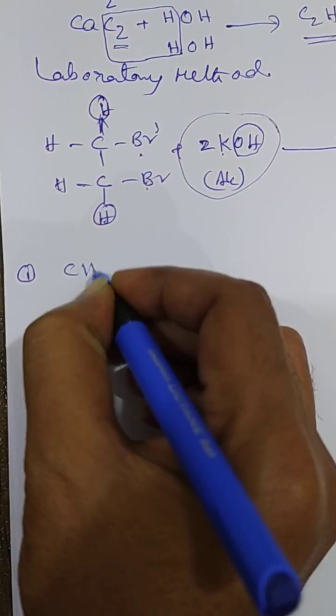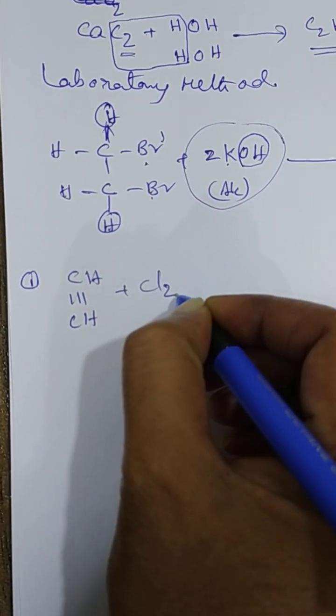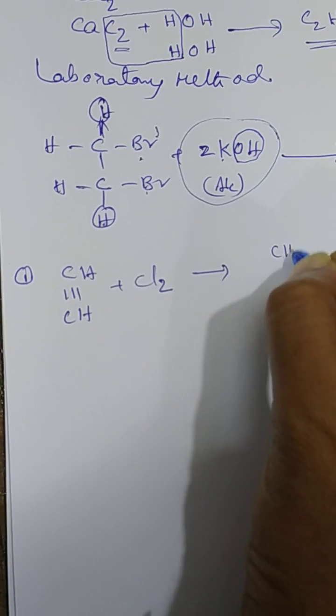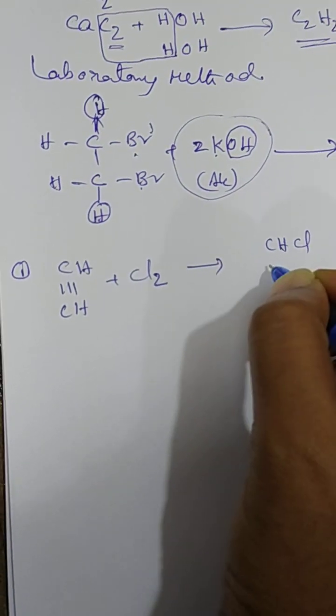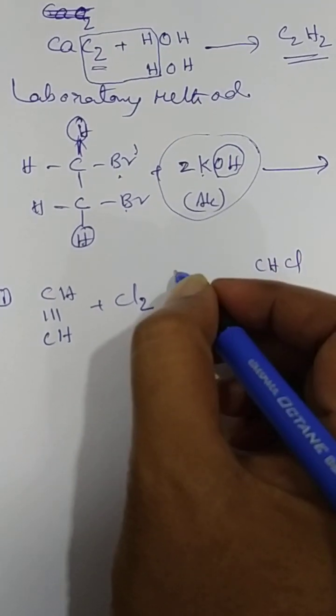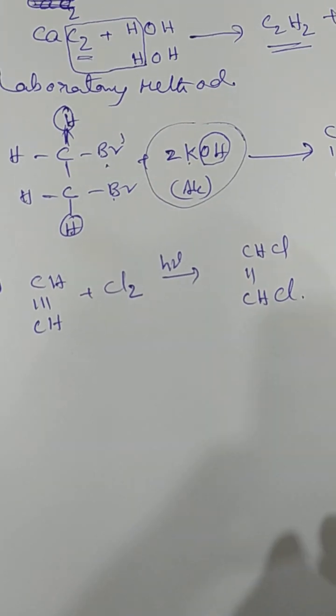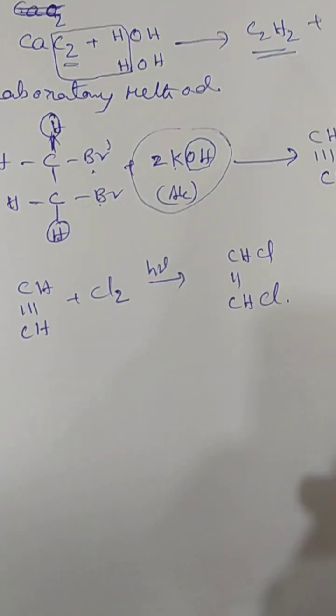If you take CH triple bond CH with chlorine, it forms CHCl double bond CHCl in the presence of natural light, hν. This is called acetylene dichloride.